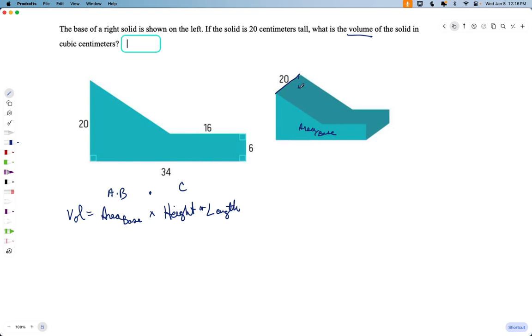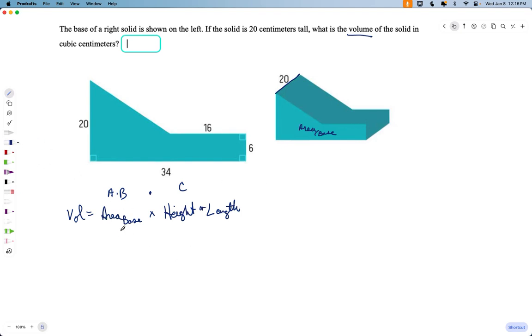Don't let that mess you up. This is the back. That's all that's happening here, is that this matches this. It just got flipped over on its back. You gotta learn how to really look at these pictures and see what's happening here.